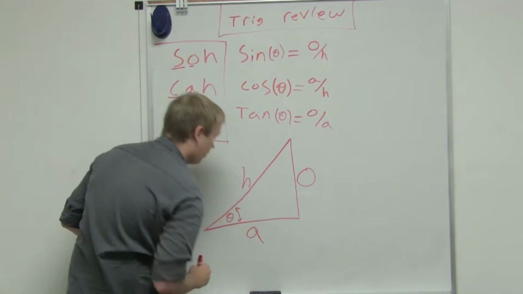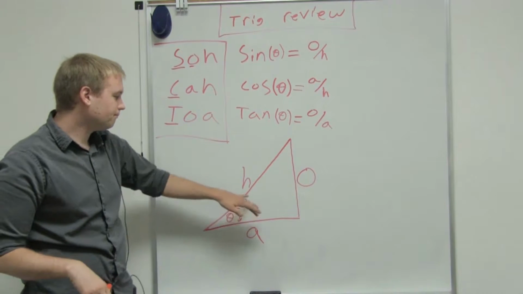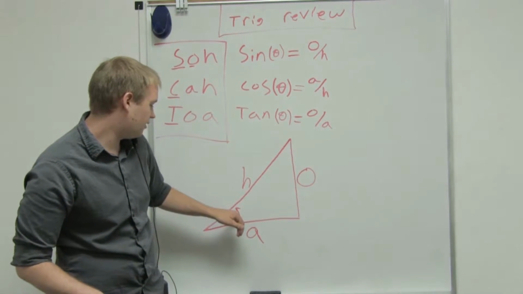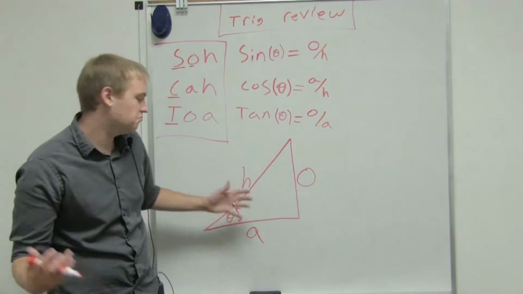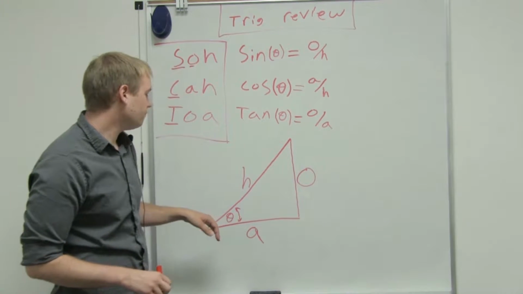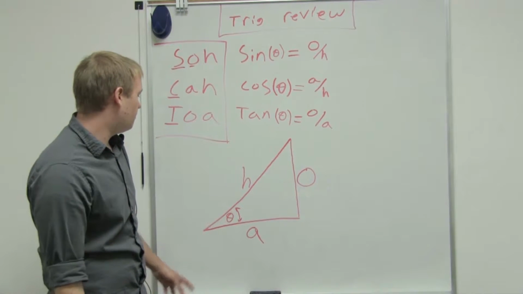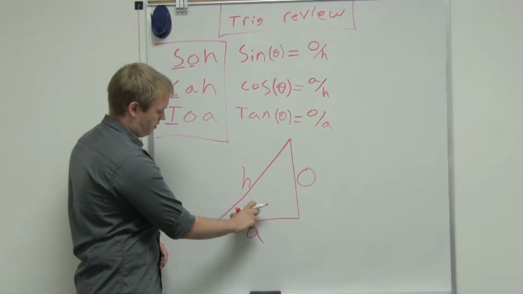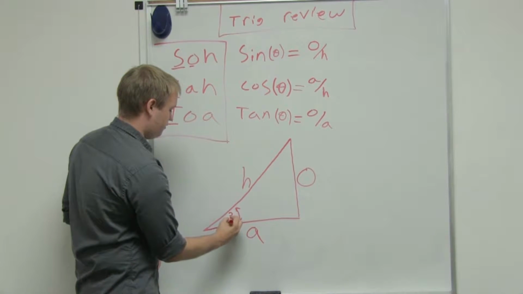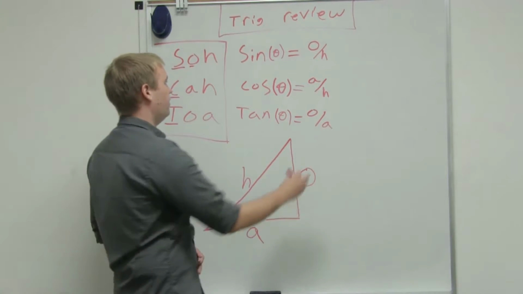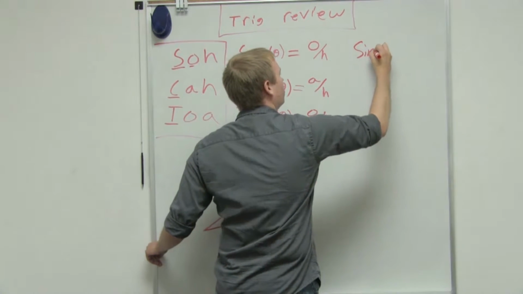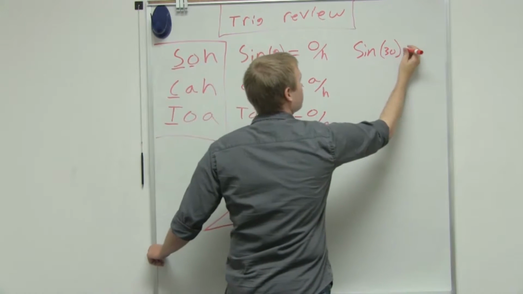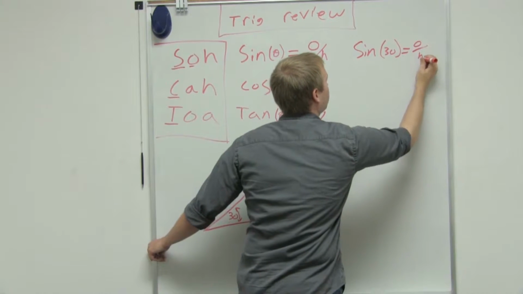The reason it's called opposite is because it's opposite of the angle, and adjacent, the angle is touching the leg. Say we have 30 degrees here. Well then, sine of 30 is going to equal our opposite over hypotenuse.